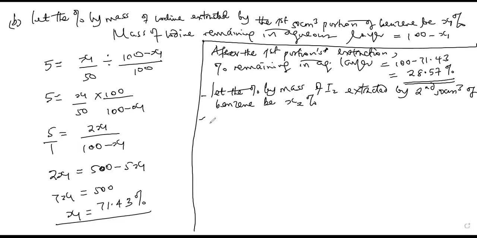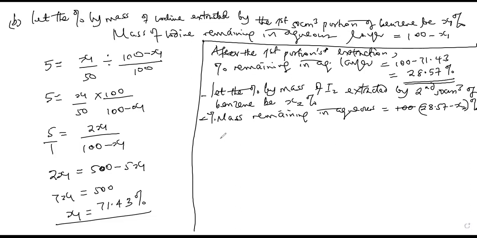It means that the percentage by mass remaining in the aqueous layer will be 100, no, not 100, because the mass now we have is this. So we shall have 28.57 minus X2%.